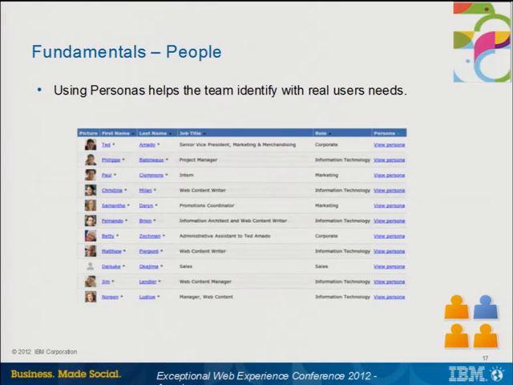Using personas really helps in terms of getting into the head of your intended audience. I think the richer the personas that you can derive, and the more accurate you think those personas are, the more likely you'll be successful in structuring the site, structuring the information architecture, to meet those particular needs.